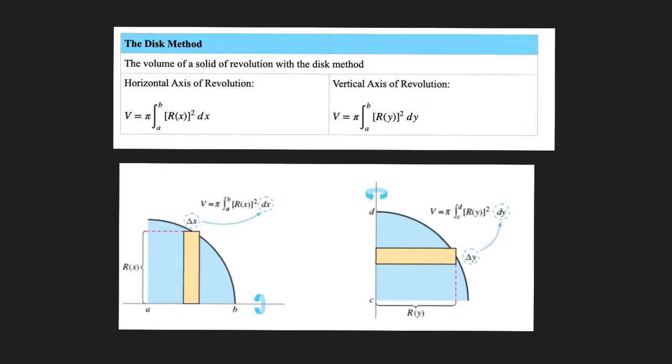Let's see how to use this method to find the volume of a solid of revolution. First, we're going to use a horizontal axis of revolution. Horizontal means a line like this, for example.